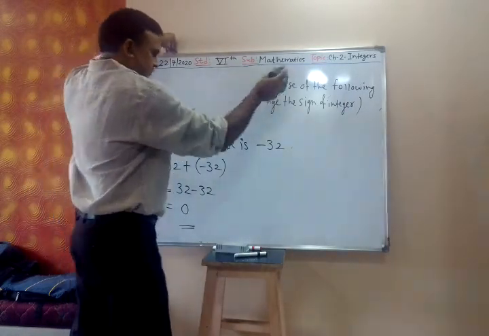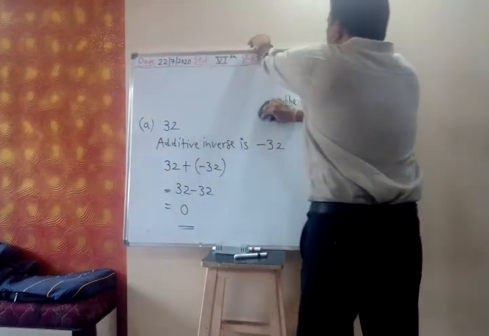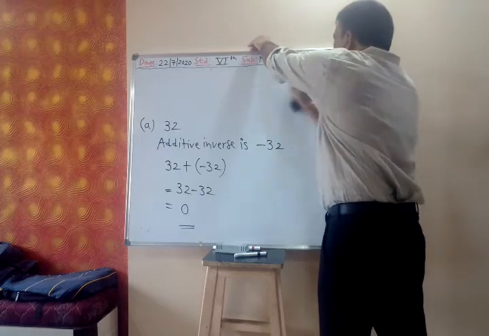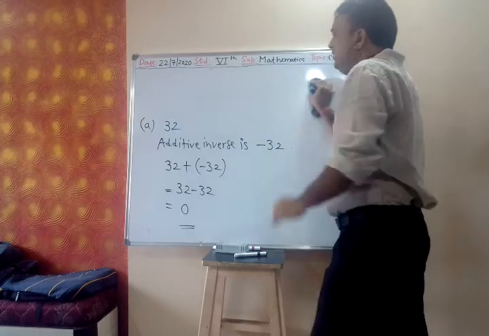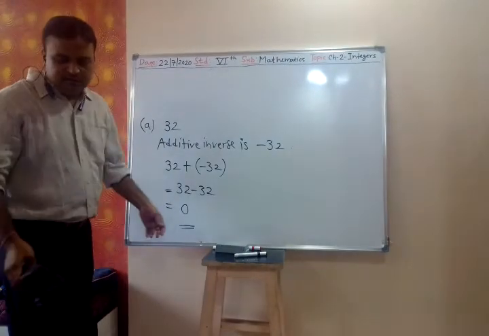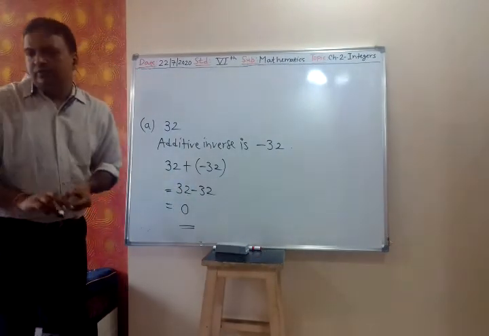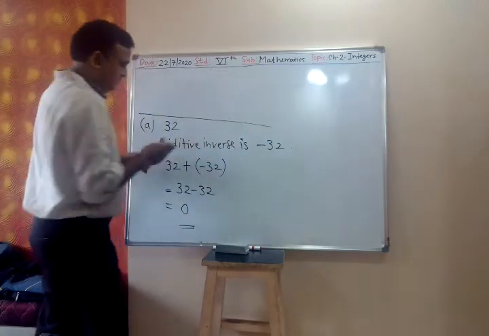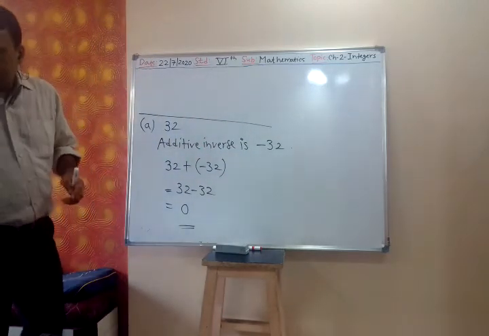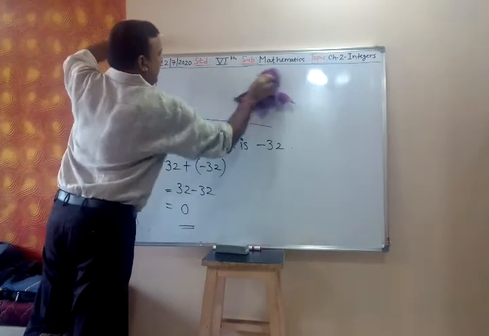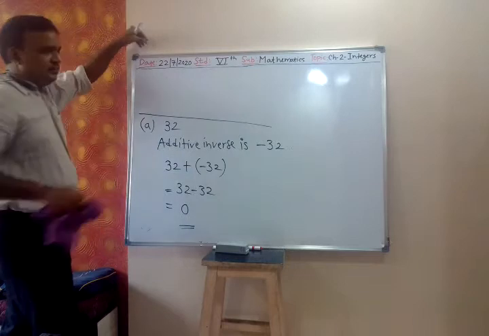Additive inverse of any integer, you have to change the sign. Now let us do b part. B is minus 8. So we have to find additive inverse, and then we have to add the integer with additive inverse.